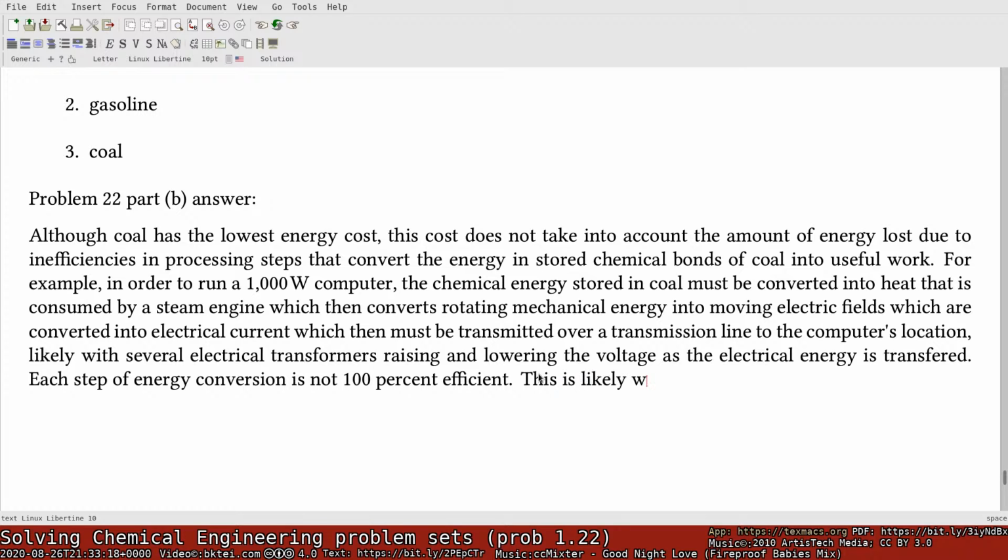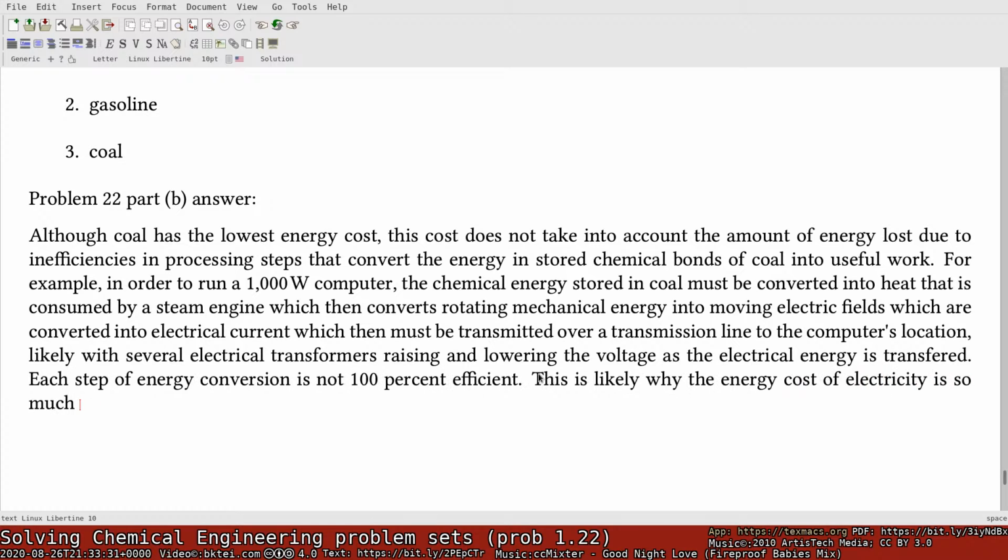This is likely why the energy cost of electricity is so much higher than that of raw coal.